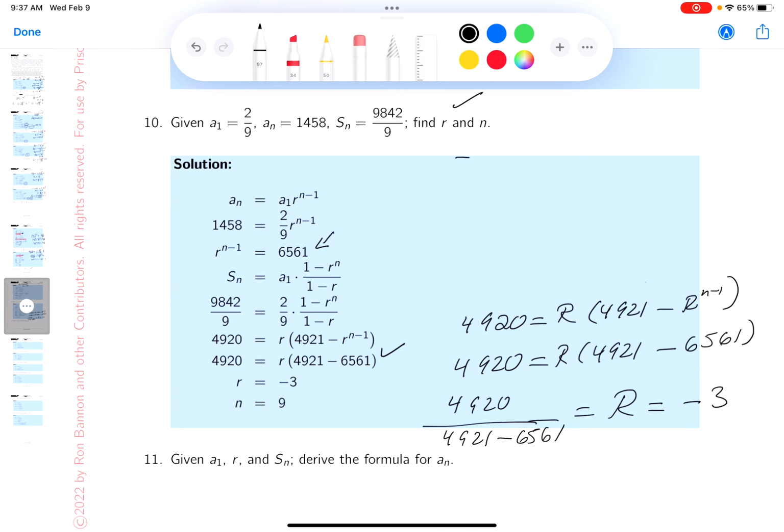So it's going to be minus 3 to the n minus 1 equals 6,561. By the way, I am convinced n is an integer. But with the fact that it's an integer, you just say, I wonder what integer that is. This n has got to be odd because minus 3 has to be raised to an even power.